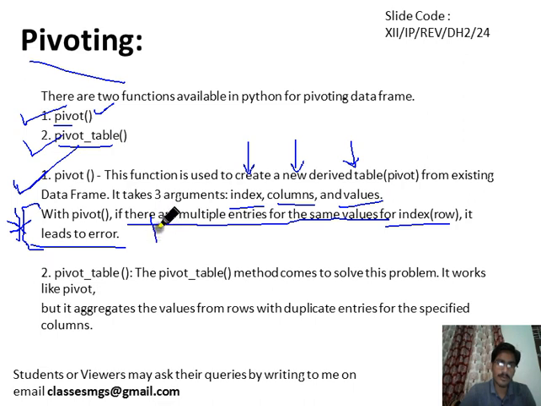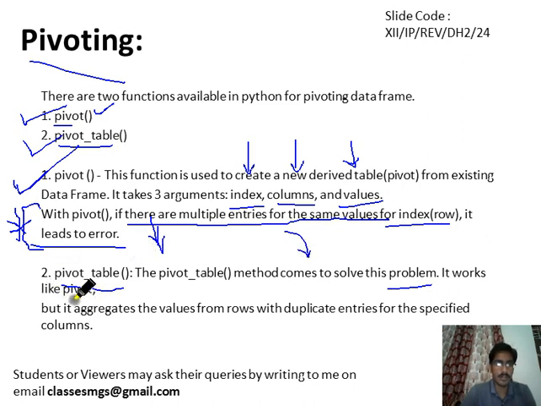To overcome this problem, we have the pivot_table method in the pandas data frame. The pivot table method comes to solve the problem of multiple entries for the same value.